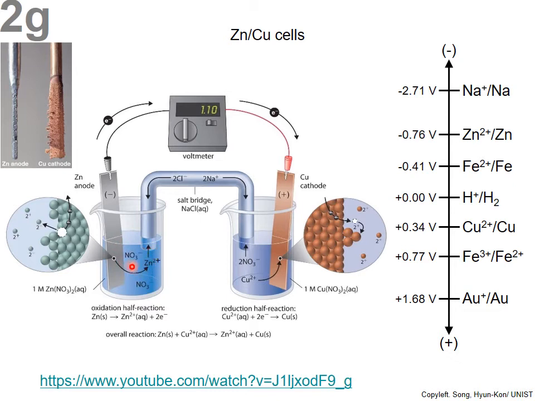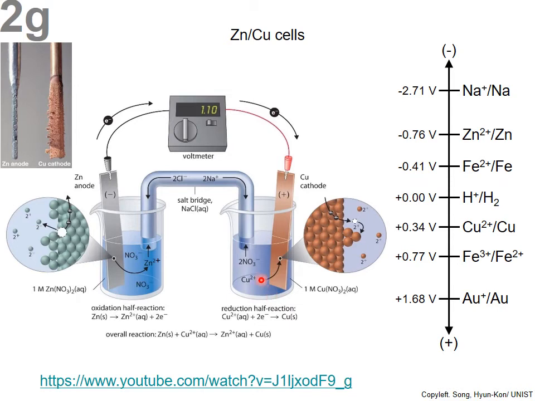So zinc 2+ is trying to escape the positively charged electrolyte into the salt bridge. At the same time, copper 2+ is consumed on the copper electrode, so the electrolyte in the second beaker is negatively charged.